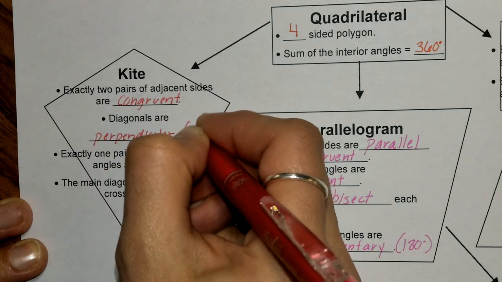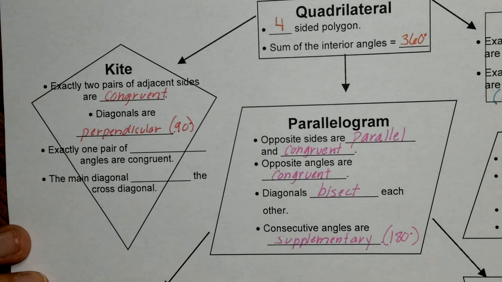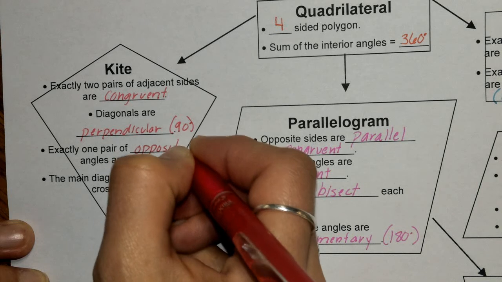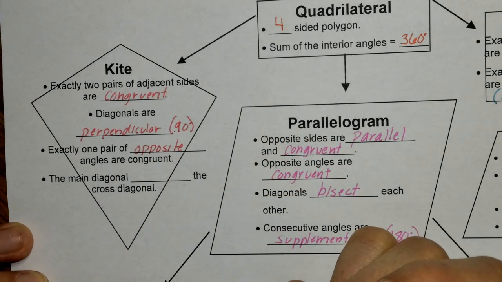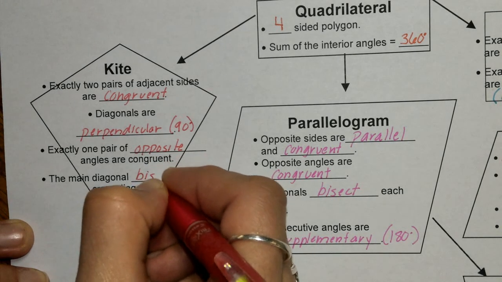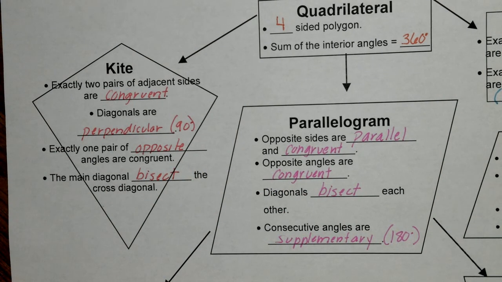Some of us need to keep reminding ourselves it means 90 degrees. Exactly 1 pair of opposite angles are congruent. And the main diagonal, the longer one, is going to bisect the cross diagonal. And there you go. There are your notes for your quadrilaterals.